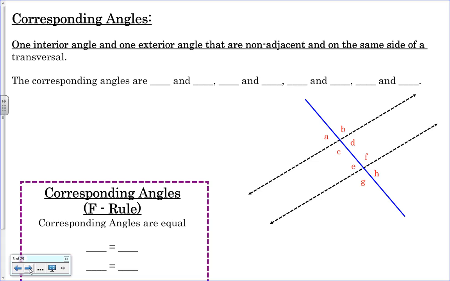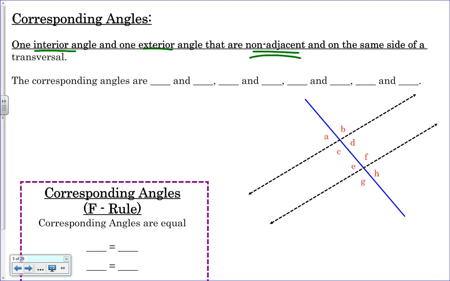Corresponding angles. This is saying one interior angle, so that's the inside angle, and one exterior, so remember that's the outside angle, that are non-adjacent. So that means that they're not touching, and on the same side of a transversal. So one interior angle and one exterior angle.